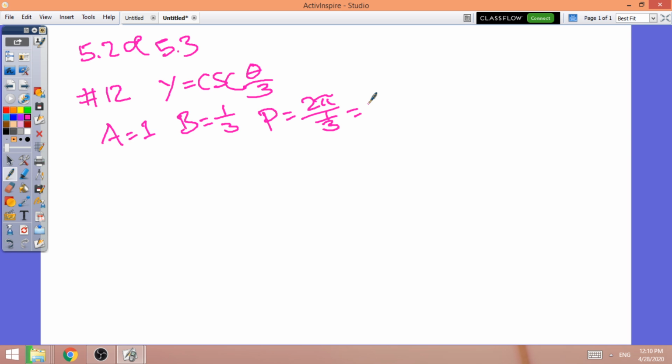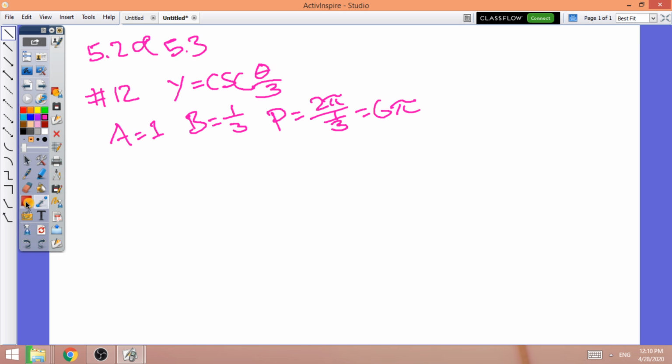So first thing that you want to do, you want to start with the period. Well, let's set up the x-axis, the y-axis. We just need one cycle of the graph, so one full period from 0 to 6 pi.